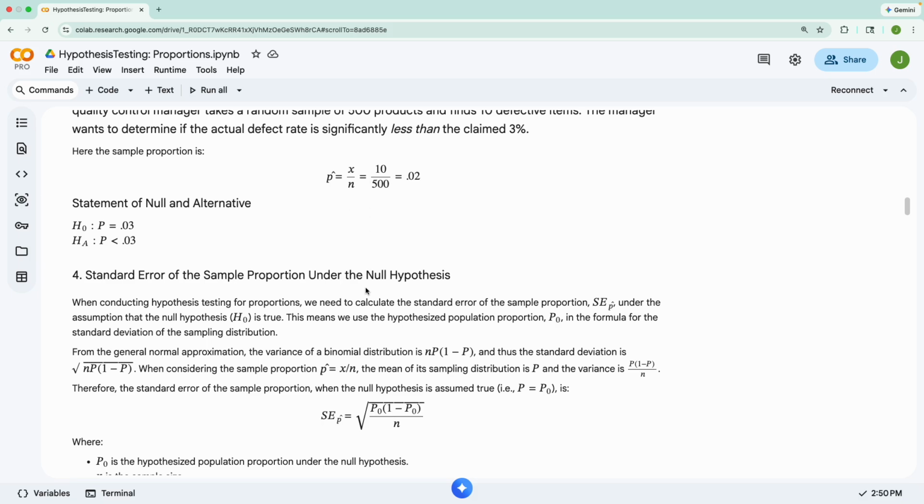For us, it's not hard to prove that the sampling distribution of P has variance P times 1 minus P over n. Pretty much the proof comes from the fact that the variance of a binomial distribution is n times p times 1 minus p, and so the standard deviation is the square root of that.